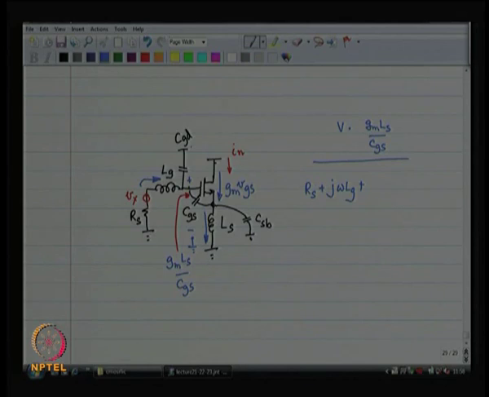No, CGD is necessary for matching. Okay. So, 1 by j omega CGD in shunt with Gm Ls by Cgs. This is the gate voltage.